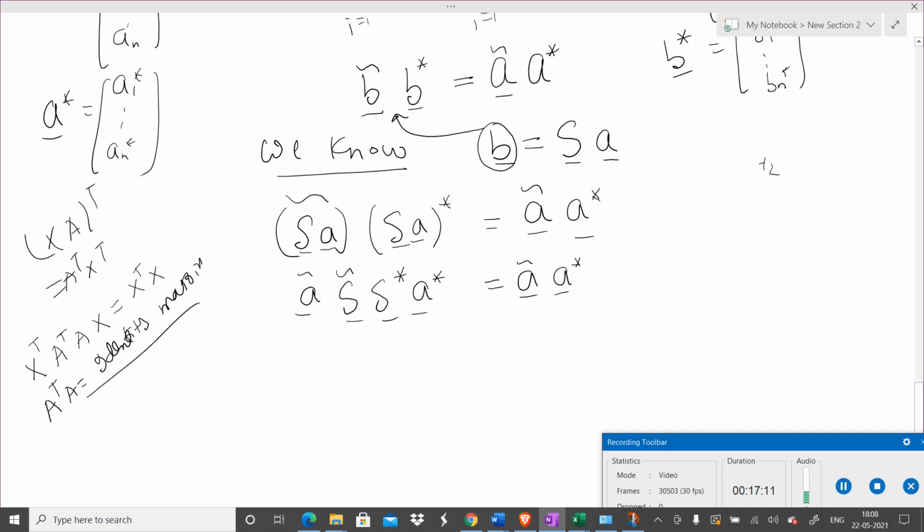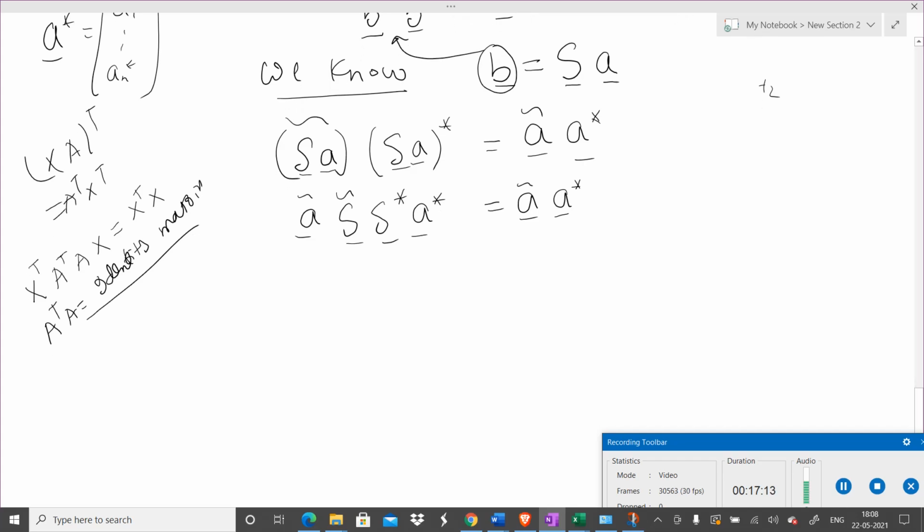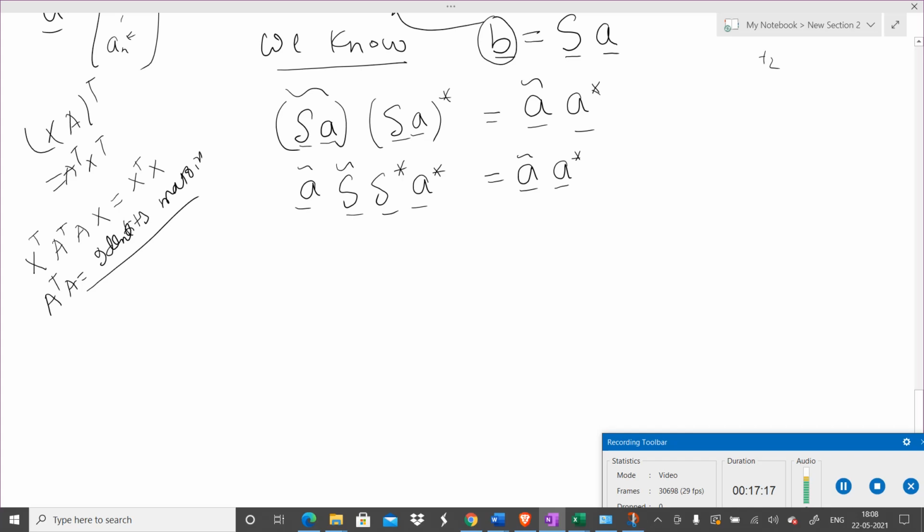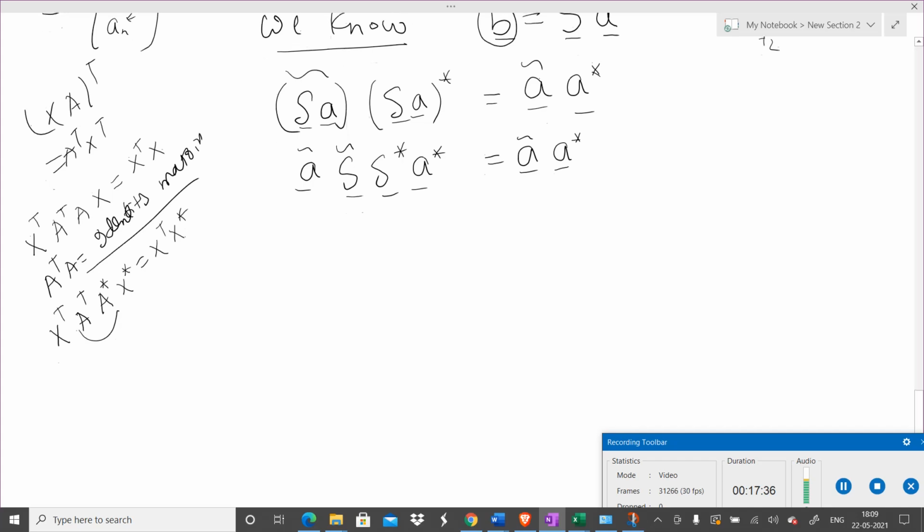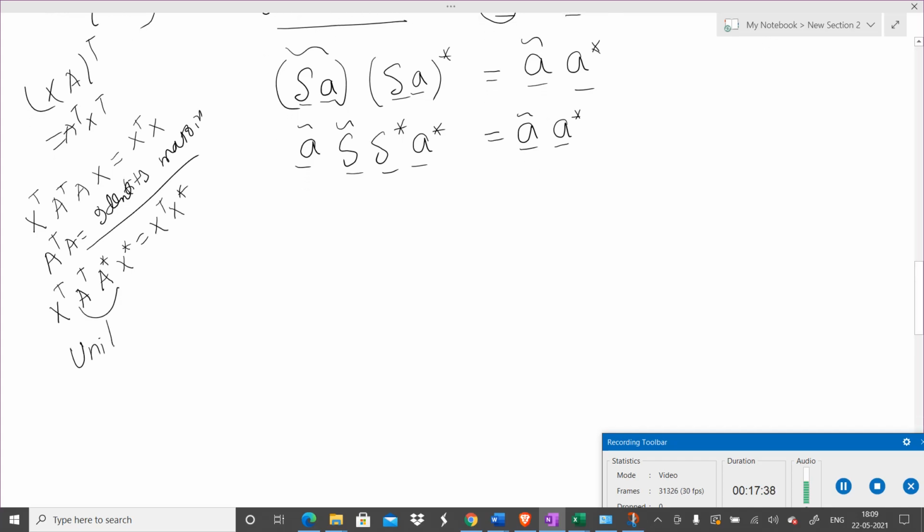But in case of complex matrices, instead of identity, we have this type of result: X transpose A transpose A conjugate X conjugate is equal to X transpose X conjugate. So here the equivalent to identity matrix is something called a unitary matrix, that is U.